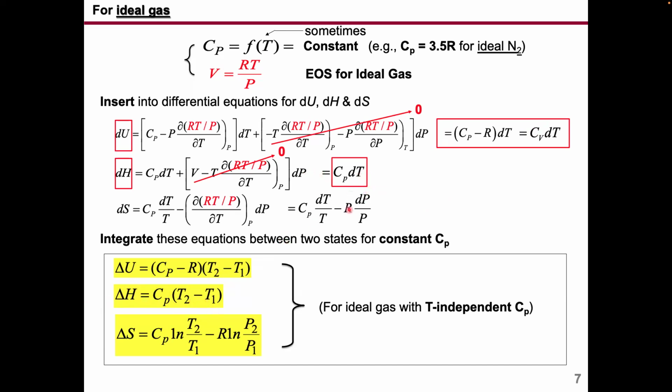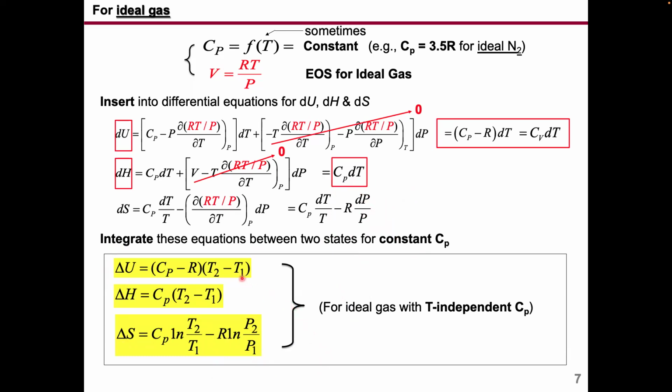And then taking the integral of the entropy expression: for the first term you have an integral of dT/T from T1 to T2, which is natural log T2 over T1. When you take the integral for the second term, it's going to be P1 to P2 of dP over P, which is natural log P2 divided by P1, and the minus sign is still there. So basically, these are how you calculate delta U, delta H, delta S between two states.